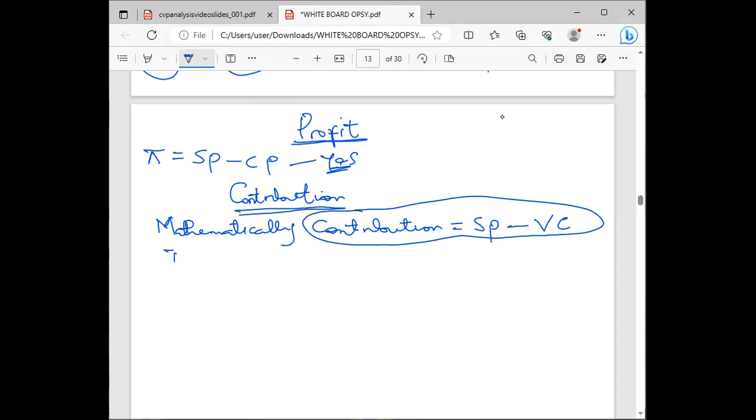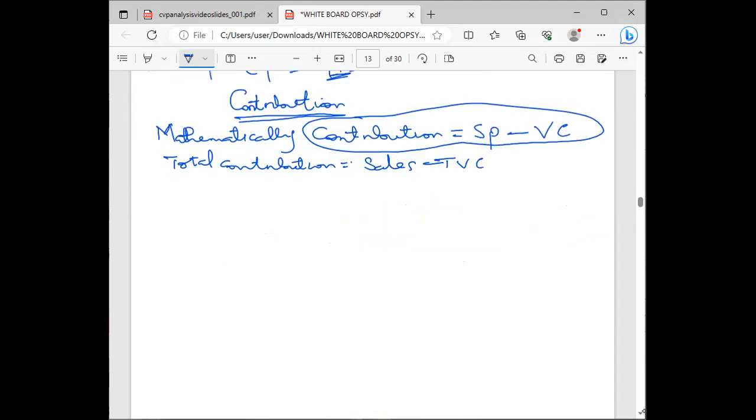So if the examiner requires you to do anything that has to do with total contribution, and that's why I said the per unit value and the total value, you must be able to differentiate. Total contribution is total sales minus total variable cost. This formula, please, let it always be something you remember all the time.